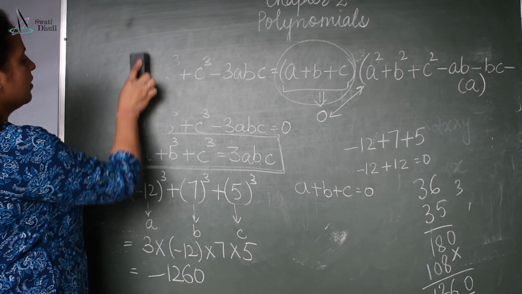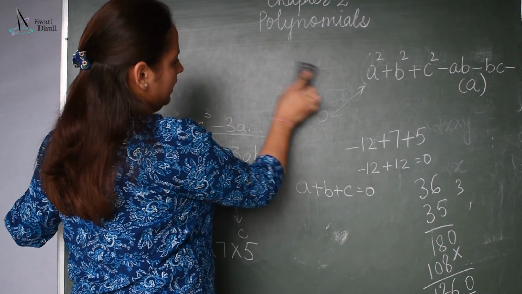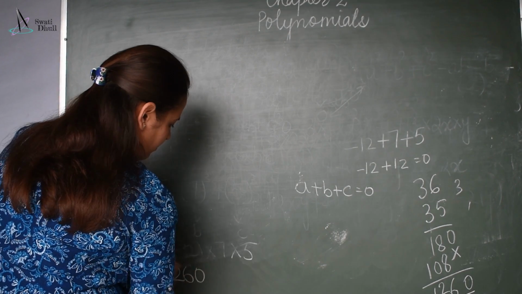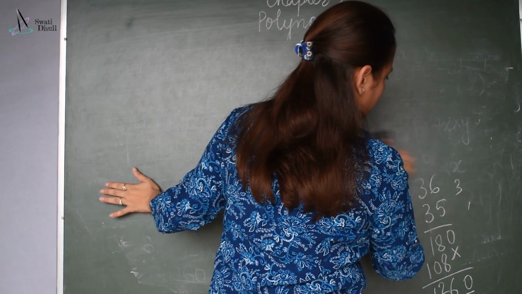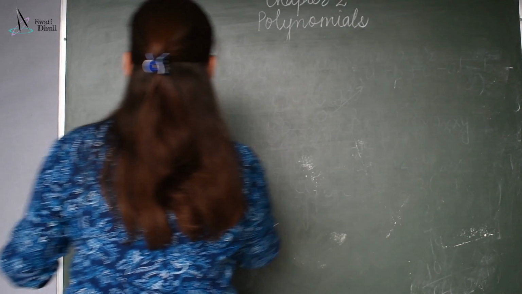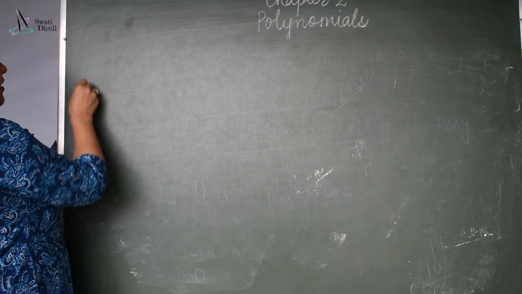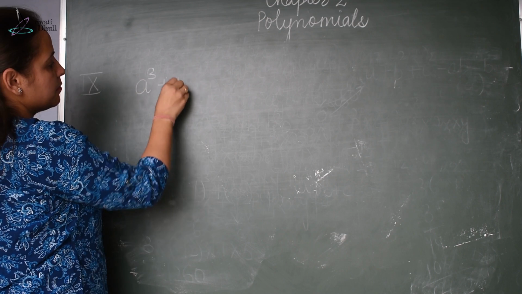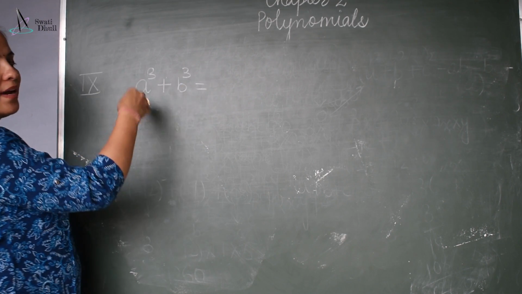Now your ninth identity. Your ninth identity is if you have a cube plus b cube and you need to expand it.